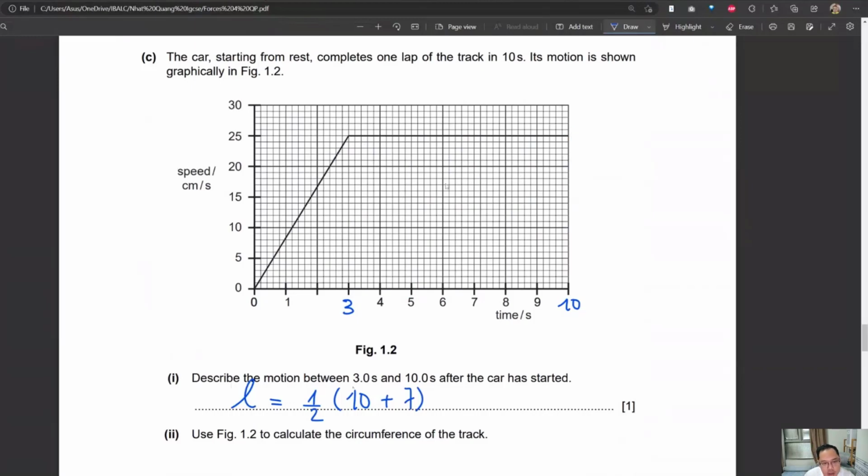The height is 25 centimeters per second, but you have to divide by 100 to convert the speed from centimeters per second to meters per second, and we will get the length of the track in meters, not centimeters.